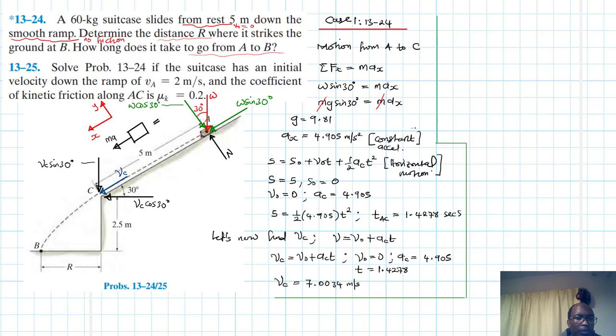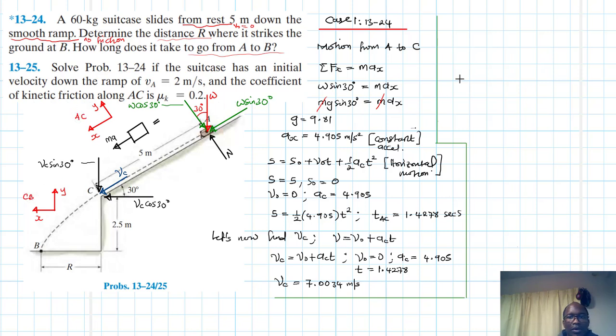So that is our reference, positive like so, positive like so. This is for BC, I mean CB, it's the same thing. This is Y, X, this is for BC, and this one is for CB, this one is for AC.